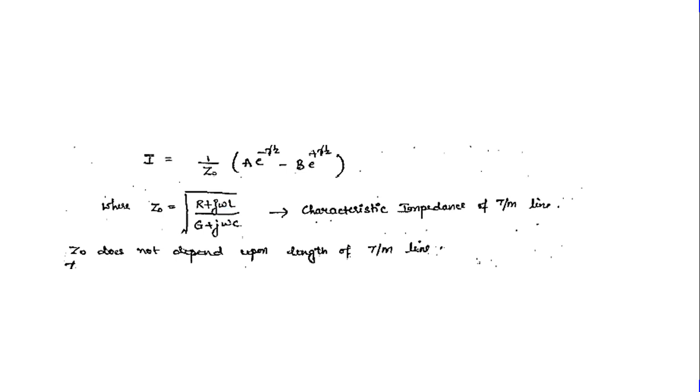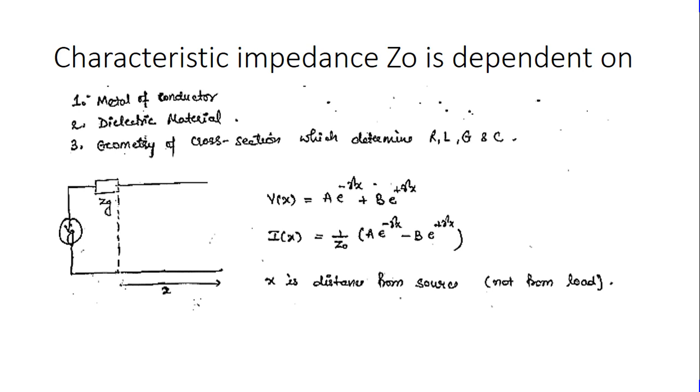Now, the dependency of Z0 on the parameters: it depends upon the metal of the conductor, which particular metal is being used to form the conductor, the dielectric material being used, and the geometry or the cross-sectional area of the transmission line, where R, L and G, C will be affected.